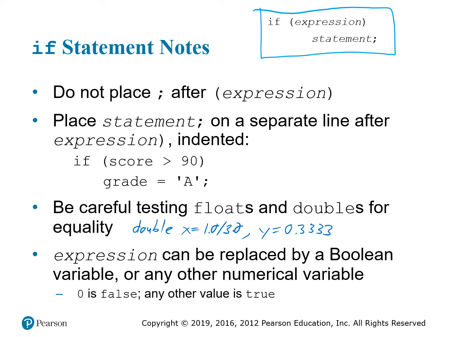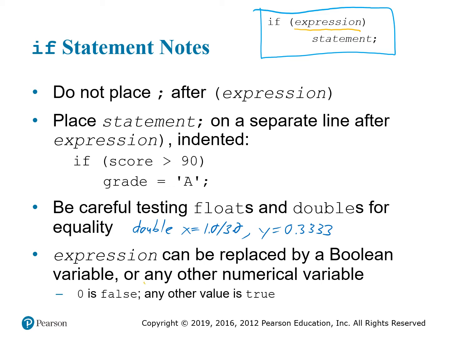Whatever expression is up here can also be replaced by a Boolean variable. So if we had a Boolean is passing, we could say if is passing, then cout congratulations, you passed the class.